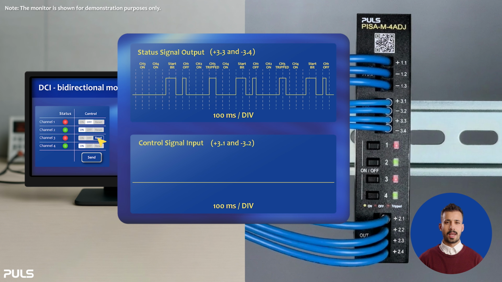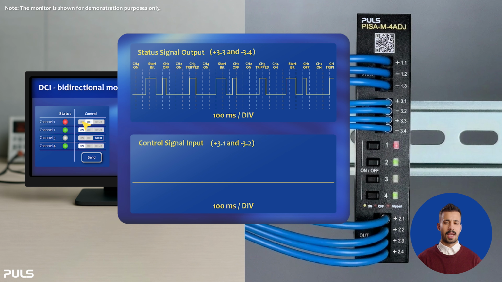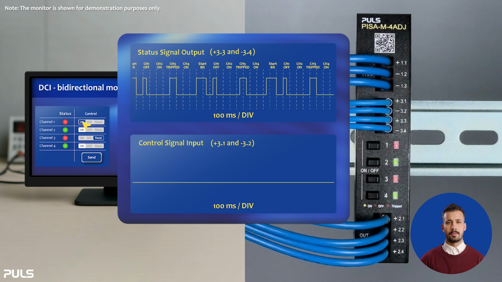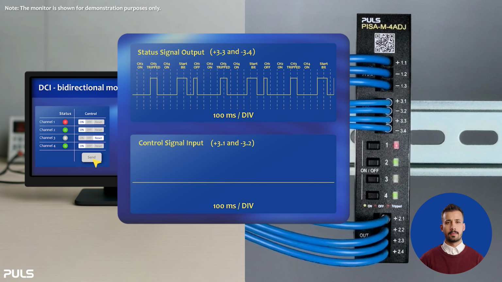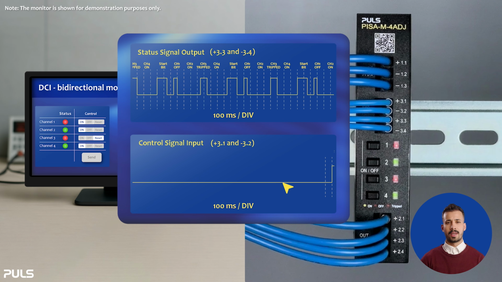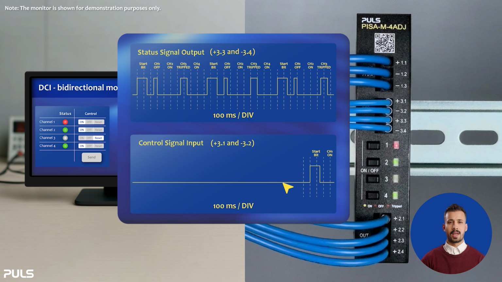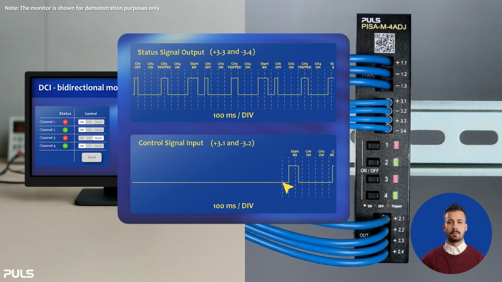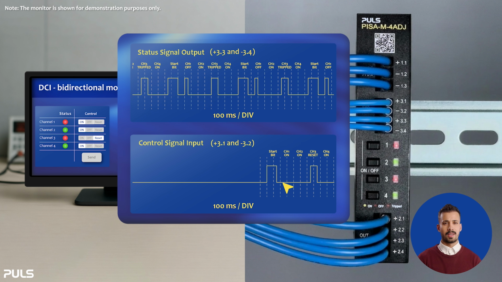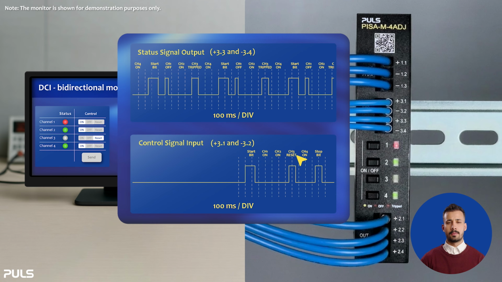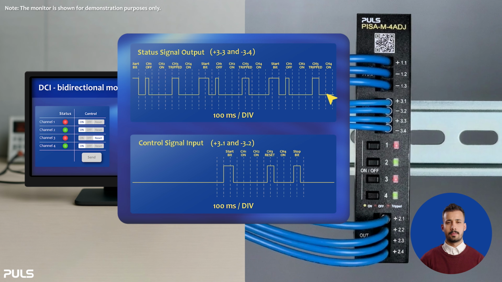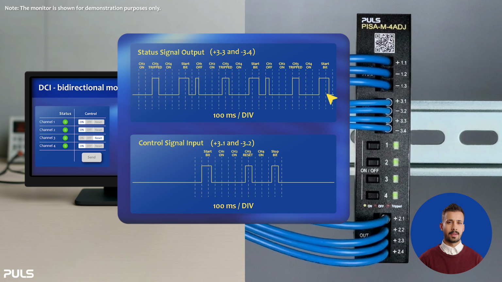At the same time, if we also want channel 1 to be switched on again, we can pre-select that as well. When we then press send, all pre-selected changes are transmitted together in one single sequence to the PISA-M, and it's the same procedure as before. The currently running sequence is first completed. Then for the next sequence start onward, the new transmitted sequence is displayed.